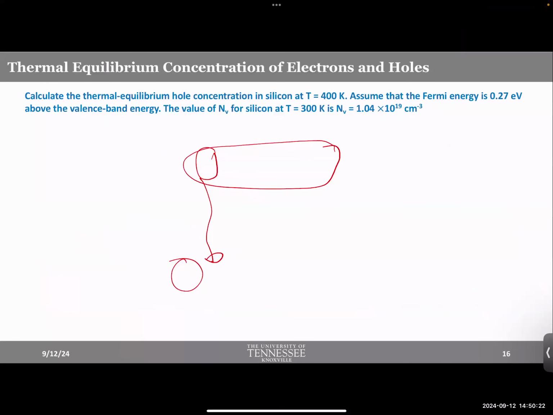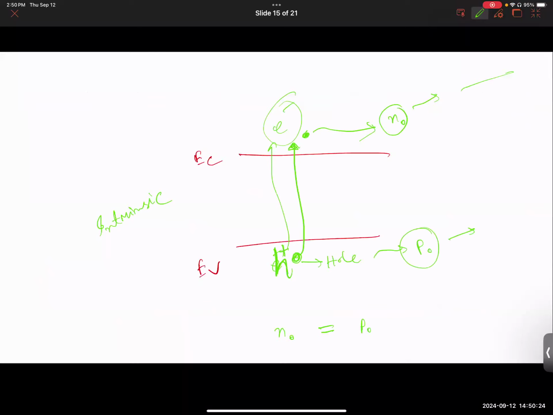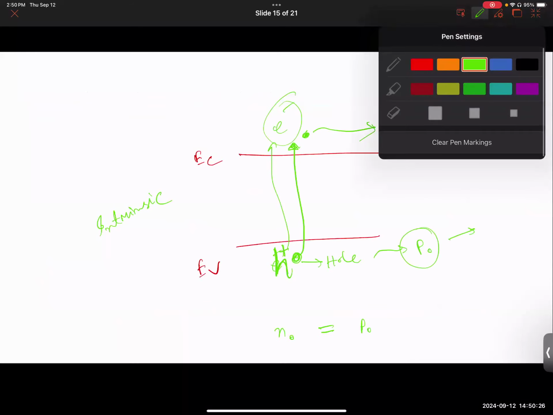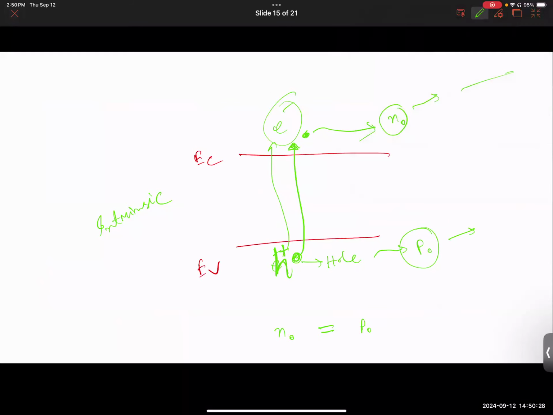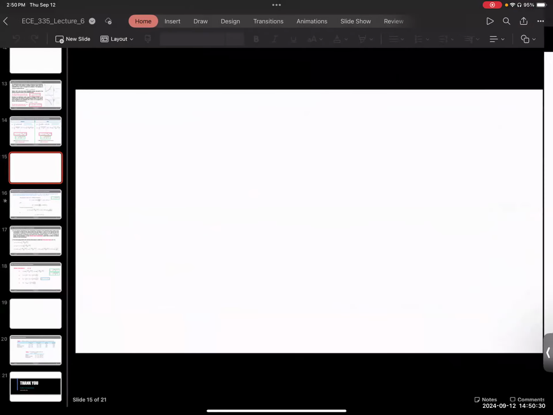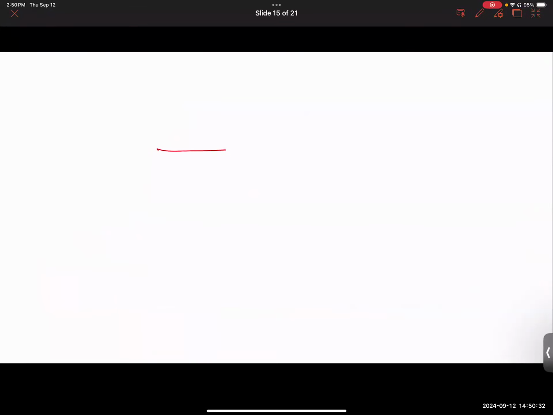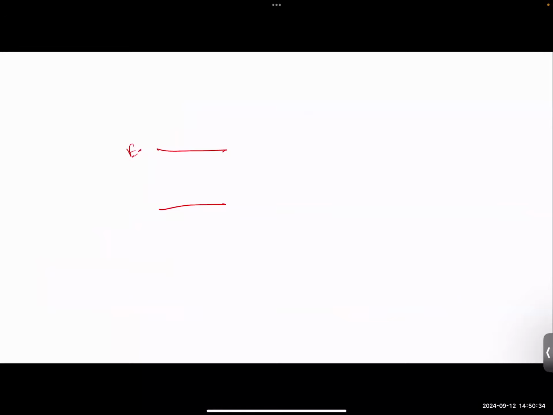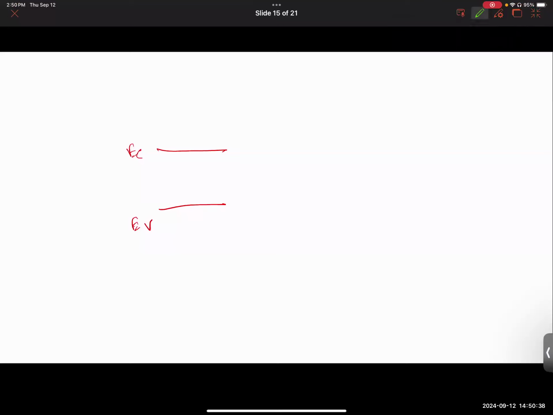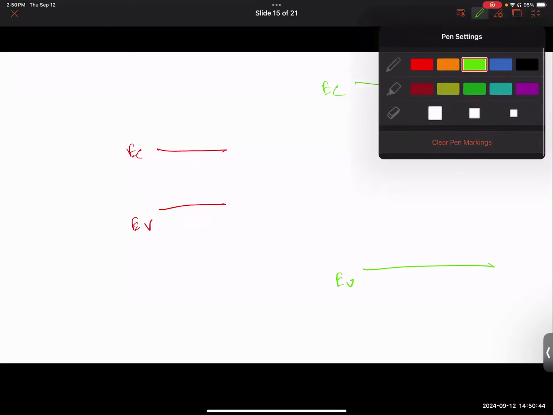And there is another way to look at it. Let me just explain that here. So imagine this is EC and EV, and let's consider another case where you have EC here and EV here. So the difference between the two is in the band gap.